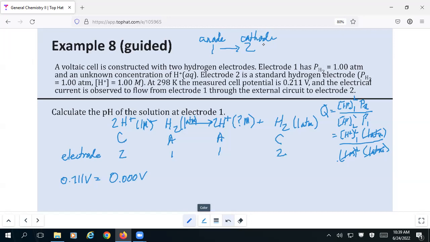And just to add insult to injury, the standard reduction potential for both of those is 0 because it's the standard hydrogen electrode.